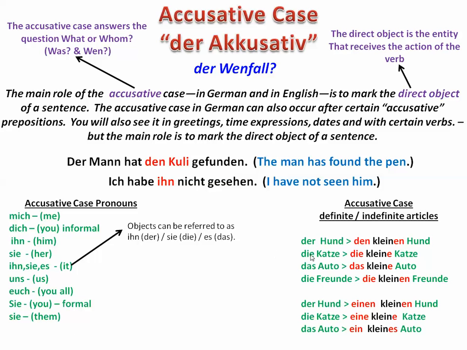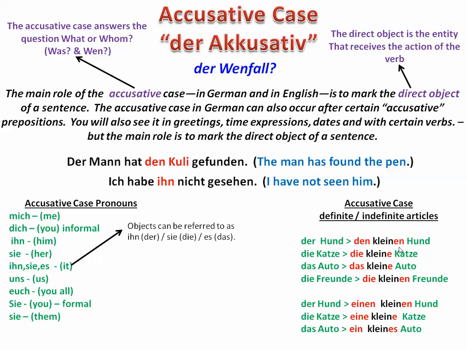Now, when a noun, and again, nouns in German come basically in three flavors: masculine, feminine, neuter, also the plural, then der changes to den, die and das stay the same. But look at the endings on the adjective. These endings here for feminine, neuter, and plural nouns are basically the same as they were in the nominative, but the direct object has added an en to match the den.